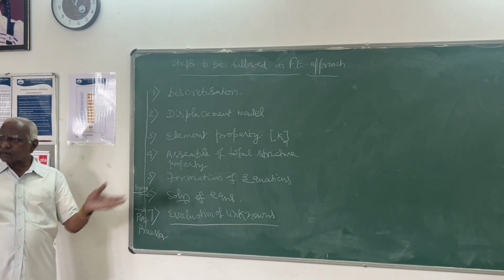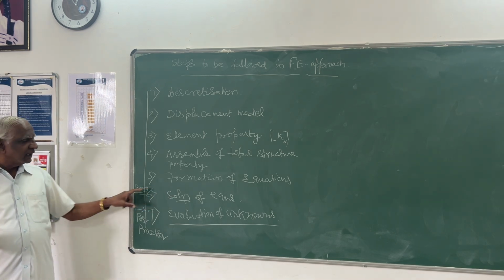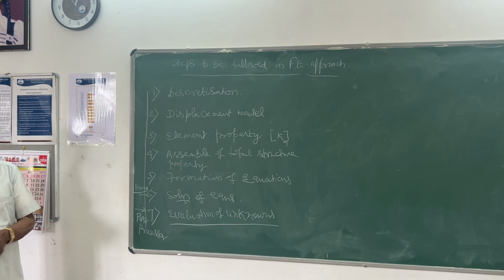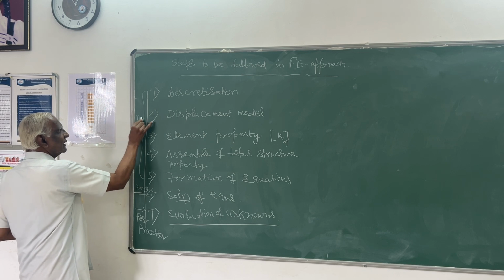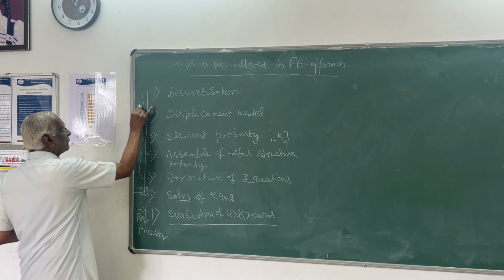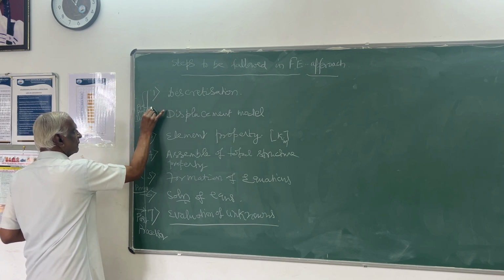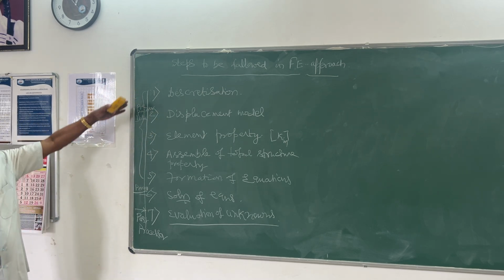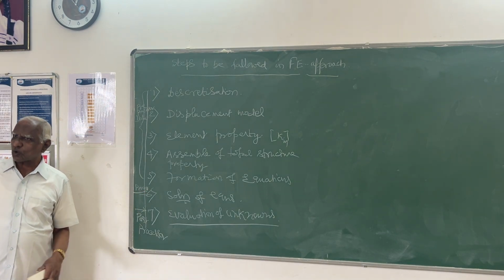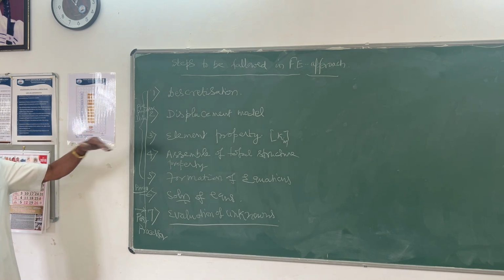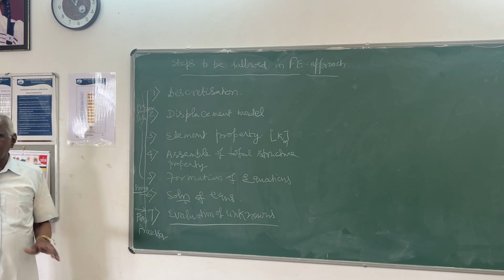Whatever calculations are being done, mainly the solution of the equations, will be done within the computer. And this major first step is the data or preprocessor. Preprocessing unit, processing unit, post-processing unit: three major processes involved in the computer.